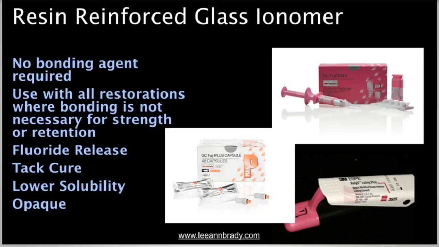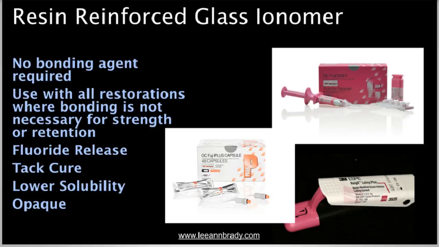GC America has that reputation because we've used these materials for years and we know we can depend on them. So in their glass ionomer line, they took that Fuji name and pulled it forward, and we have things like their Fuji CEM and their Fuji Plus that are their resin-reinforced or resin-modified glass ionomers.